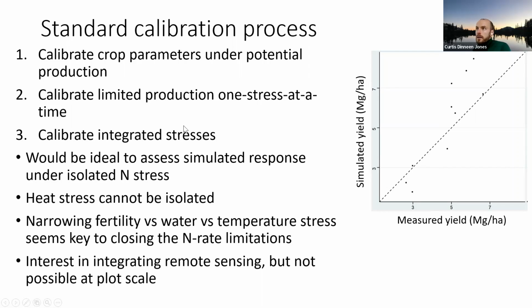But once we get into limited production, you want to focus on one stress at a time before you integrate multiple stressors together. But that's always a hard ask. I do think it's always an ask for more data.